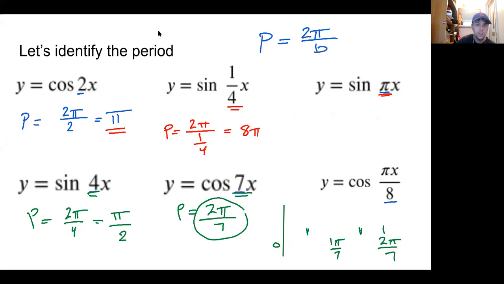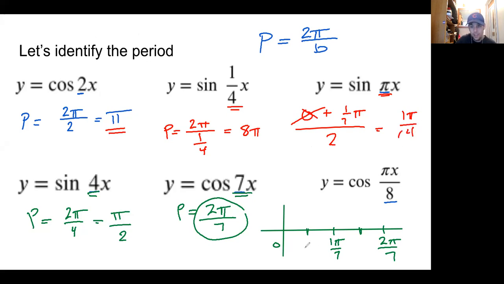I could take 1/7 pi and 0, and I could literally just average them. 0 plus 1/7 pi, and average those. Well, adding 0 doesn't do anything. Dividing by 2 here is going to turn this into 1/14 pi. 1/14 pi, that's a pretty messy number, not something that we're super thrilled about.